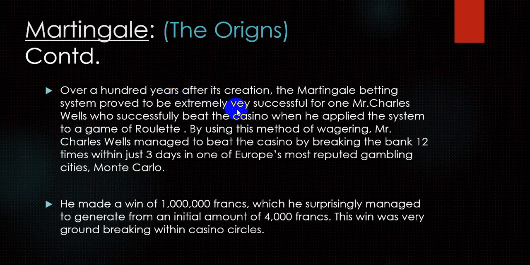You see, what he did was break the bank 12 times within just 3 days in Monte Carlo. Monte Carlo is in France, and it's a very reputable gambling city. Apparently, it has been a reputable gambling city before even many of our fathers were born. All of our fathers, by the way.